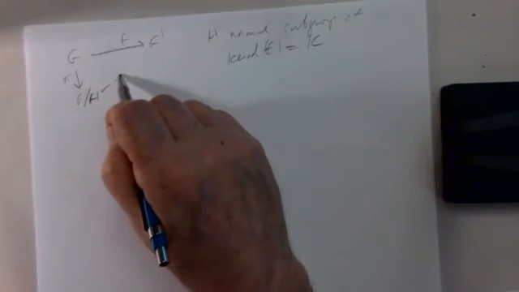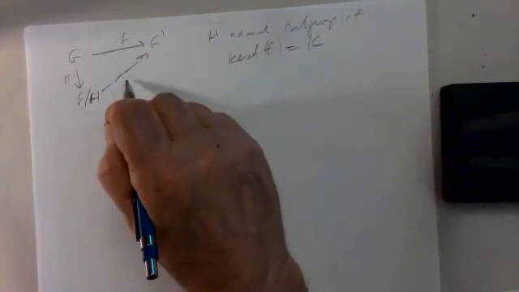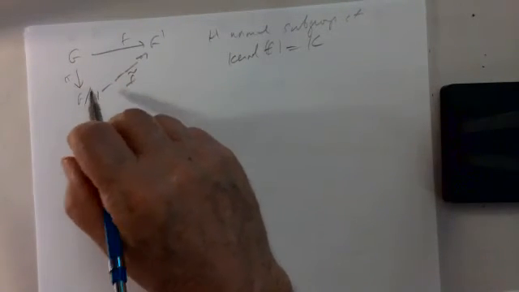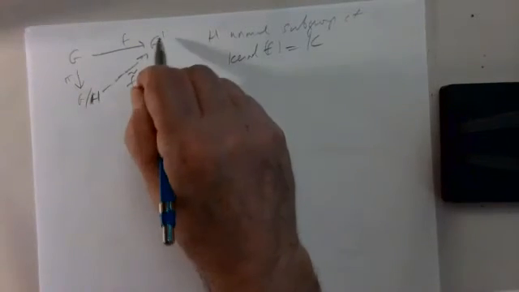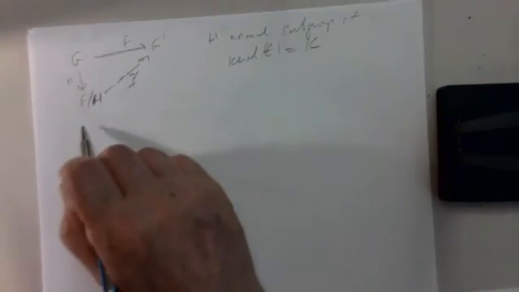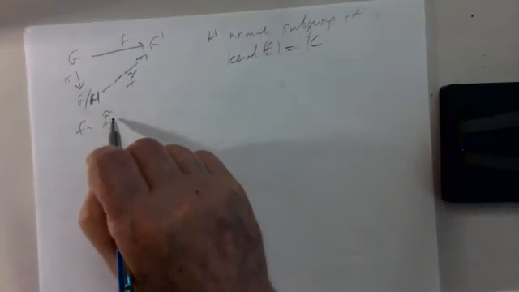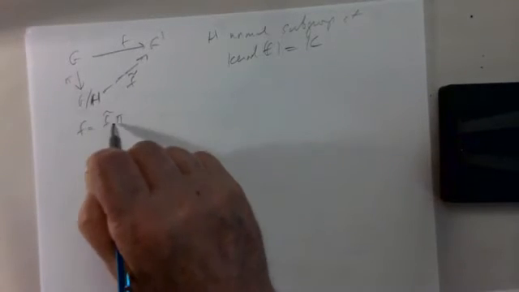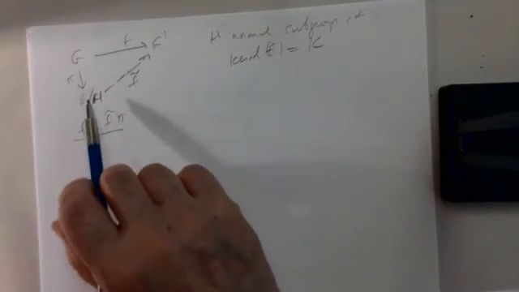And there is a homomorphism F tilde from these left cosets to G prime, such that F is equal to F tilde composed with pi. Right. All right.